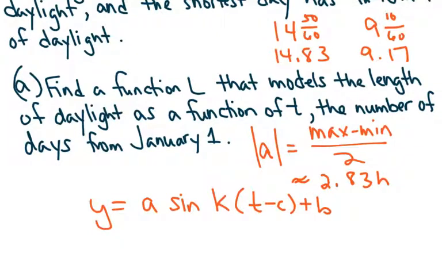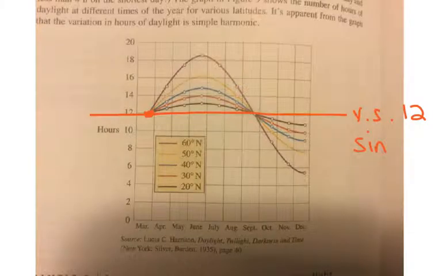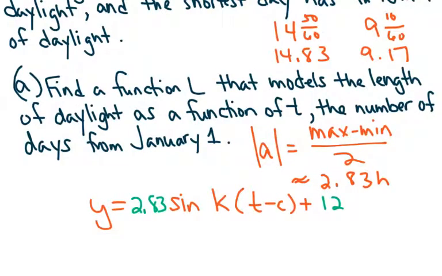So there are things I know about this equation, like I know that b is going to be 12. I now know that a is going to be 2.83. Now, is it going to be positive or negative 2.83? Well, if you look at this graph, it starts at the midline and it goes up from there. That's your traditional sine curve, which means that it's going to be plus.